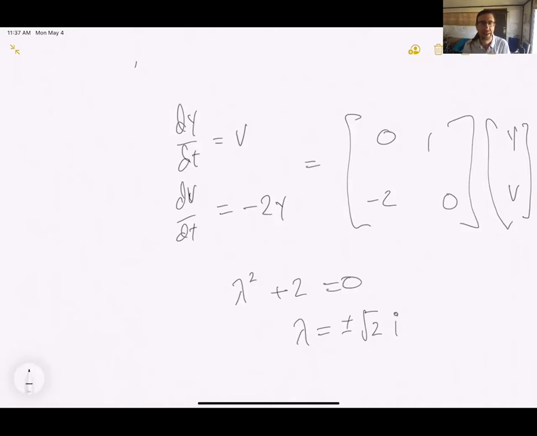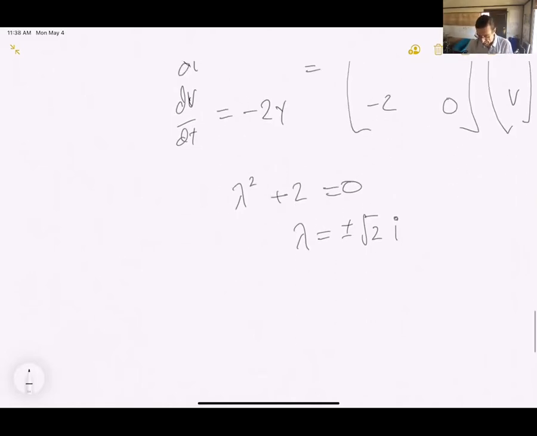Again, it doesn't matter, right? If it was a system of two equations, the next step would be to pick one of those, say lambda equals root 2i, and find the complex eigenvector. So v would be some complex eigenvector. Let's just pretend that this is the vector 2 plus i and 3 minus 2i or something.